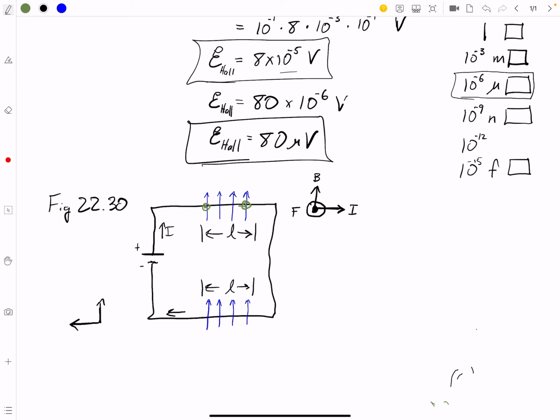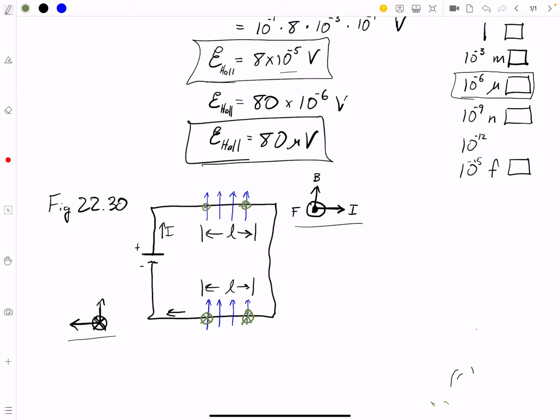That means that our force is actually going to go into the page, okay? Because we're flipping that diagram. We flipped it and put it here. In order to do that flip, this goes into the page. So our force is going to go into the page for this side.